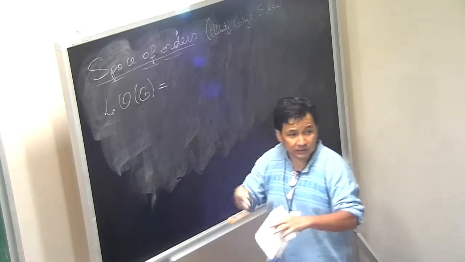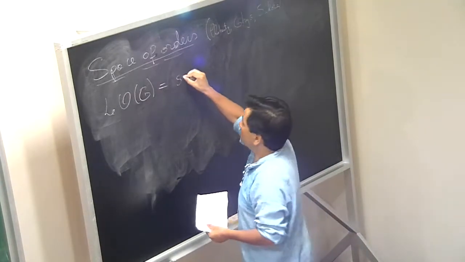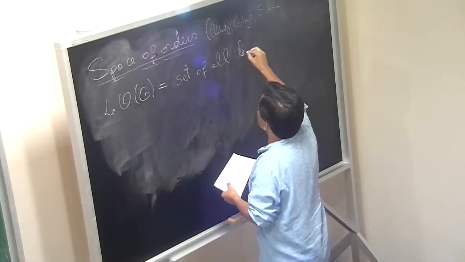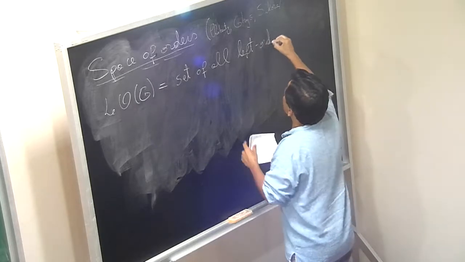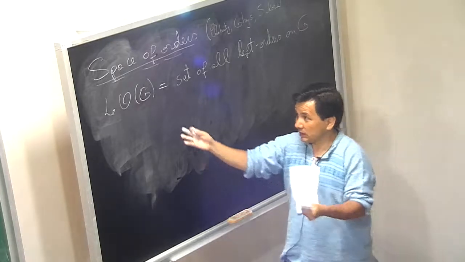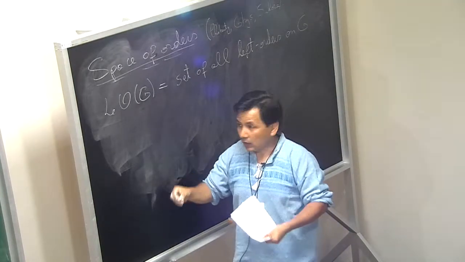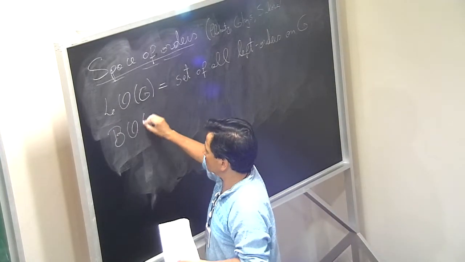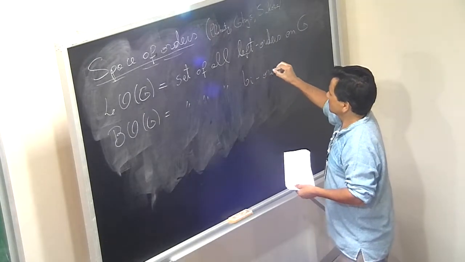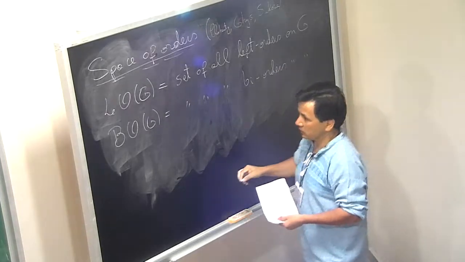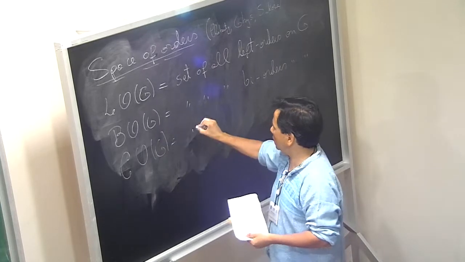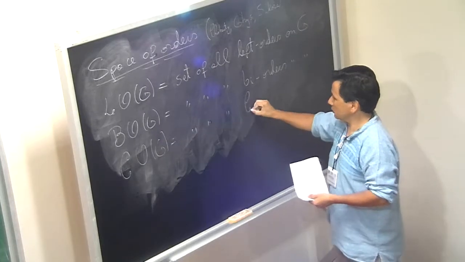LO of G will be the set of all left orders on G. Okay, this is just a set. And this is something that depends only on the group. Okay? And of course, you can define the space of bi-orders, and there is another space that I will denote CO, the set of all Conrad orders.